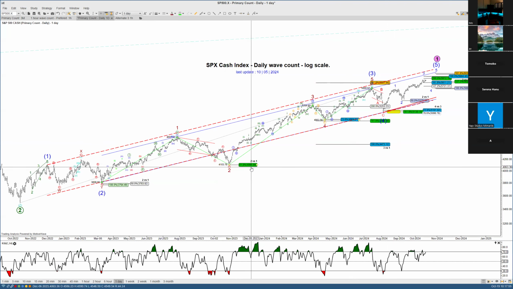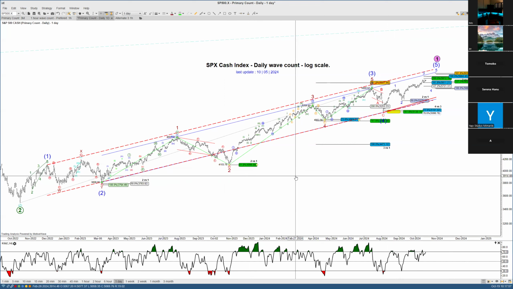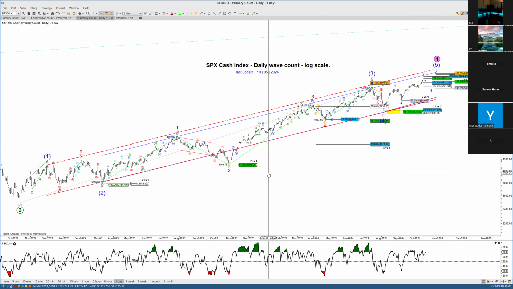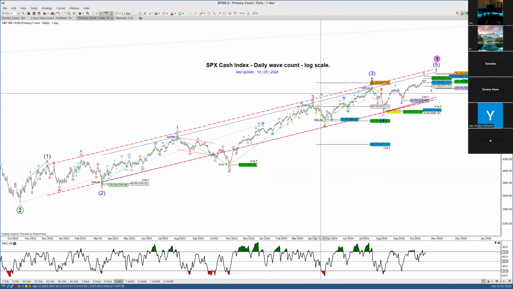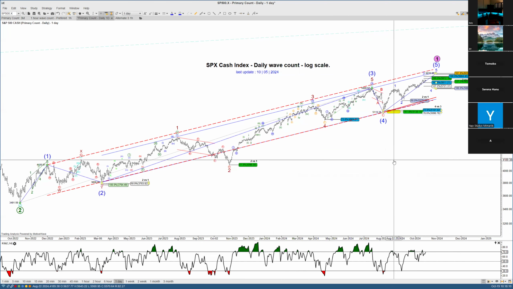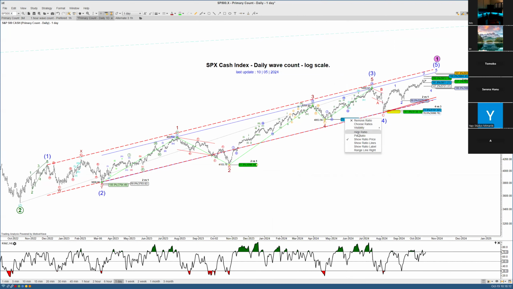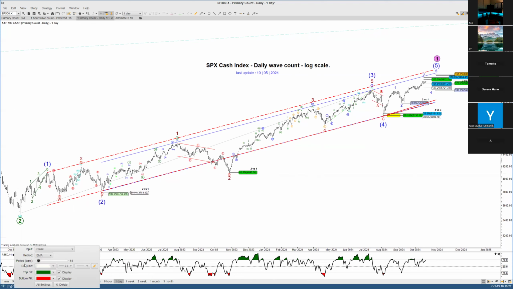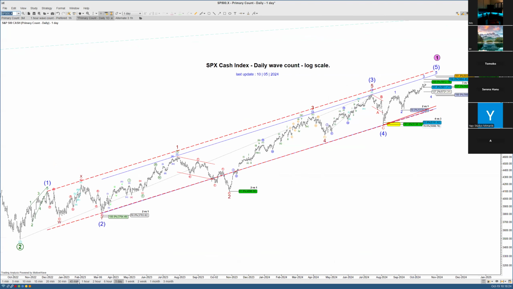Look at the fib, 4096. Let's look at the upside. The point is you've got to know how to count, because these fibs are an excellent way to trade, but you've got to know what you're doing.